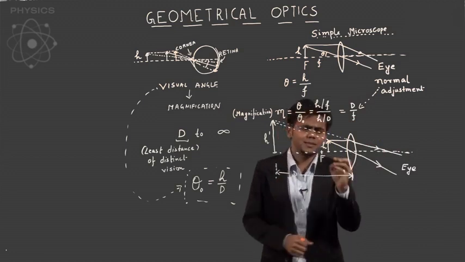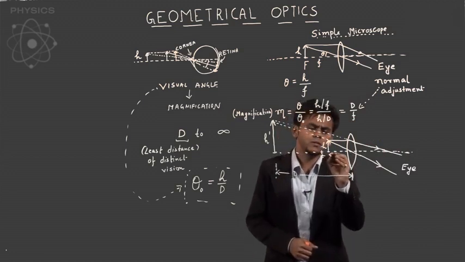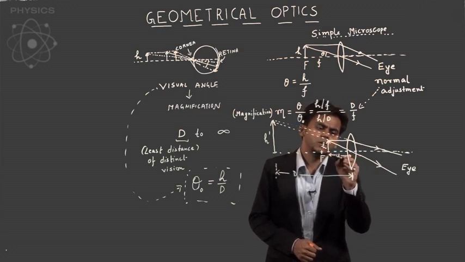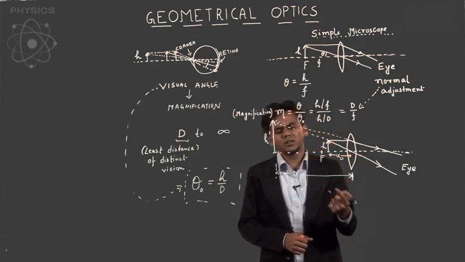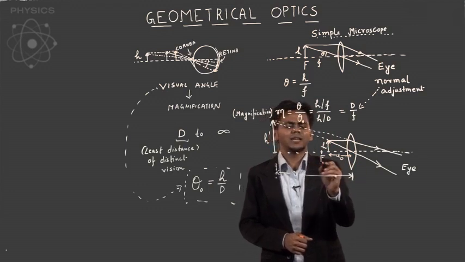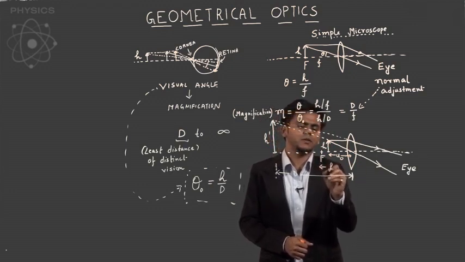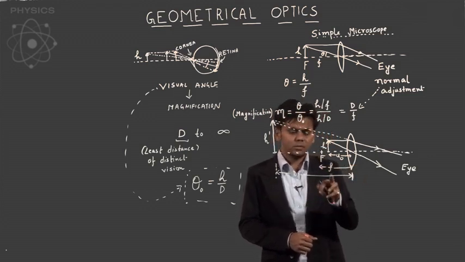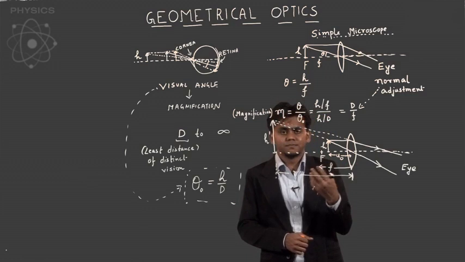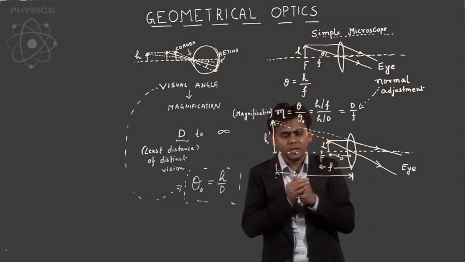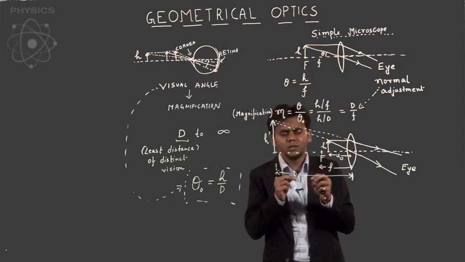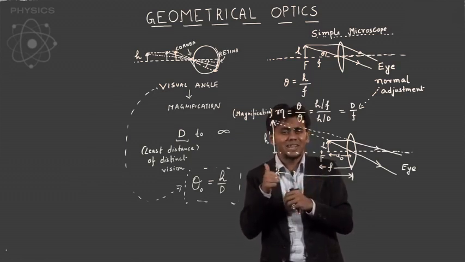So this has to be d. Now, let this be some u naught. Now this u naught, d, and the focal length, let's say this is f, are just numbers. They are not any sign convention numbers. They are just numbers, right? So if I have to find the relation between all these things, I have to use my lens formula.